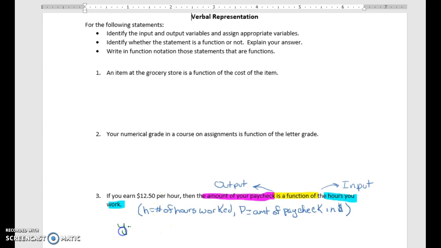So yes, the number of hours yields a specific paycheck amount, or you could also say the paycheck amount is specific to the number of hours worked. Either way would be sufficient. So yes, the hours worked has only one specific dollar amount.